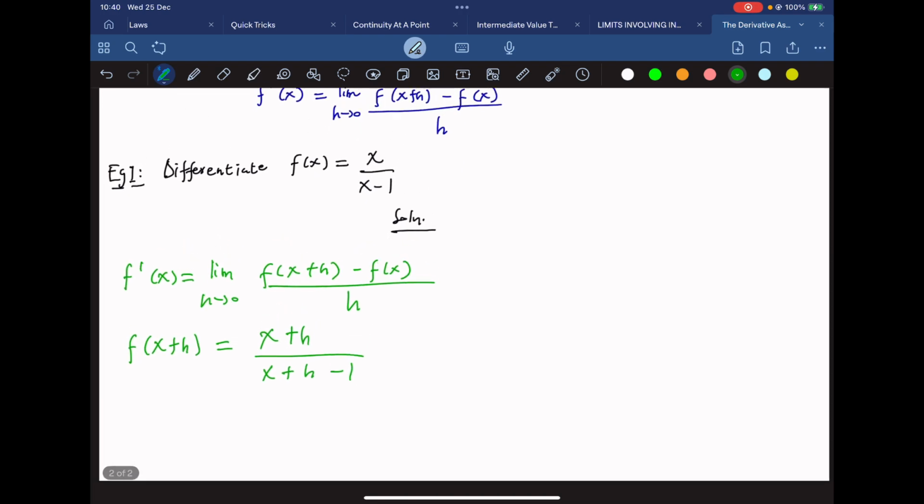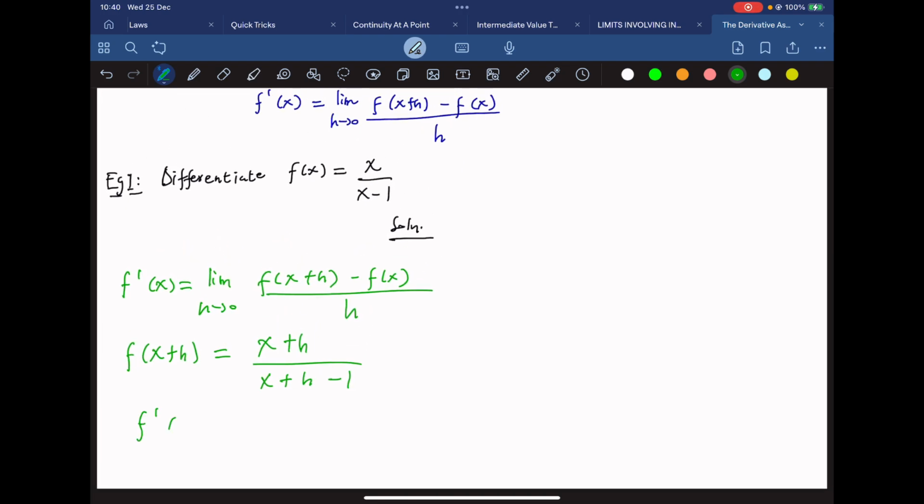So we can go ahead and rewrite our f prime of x as the limit as h approaches 0 of x plus h over x plus h minus 1, minus x over x minus 1. This f of x is what was given in the question. Then everything divided by h.